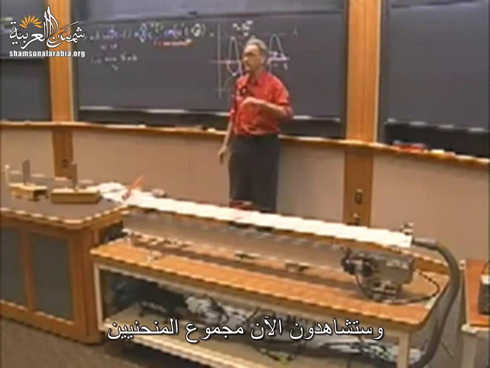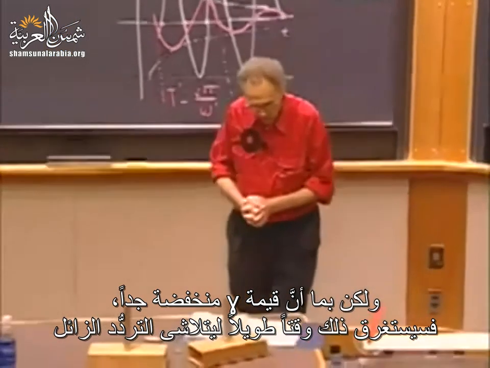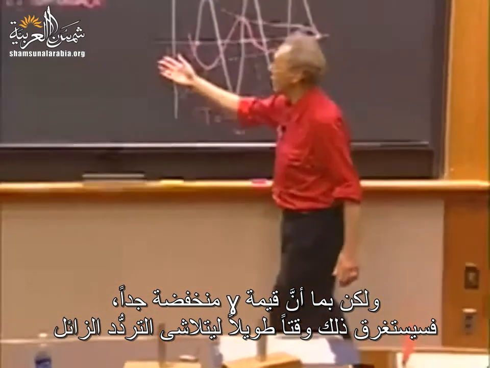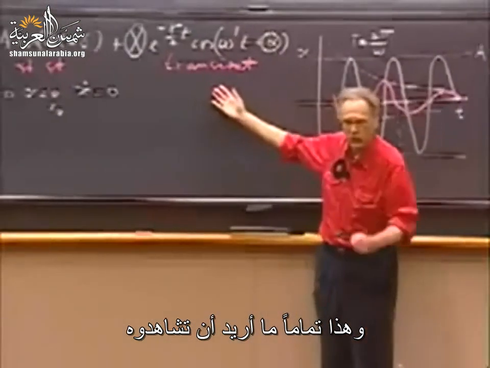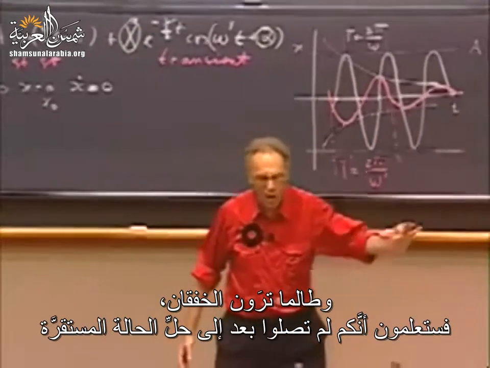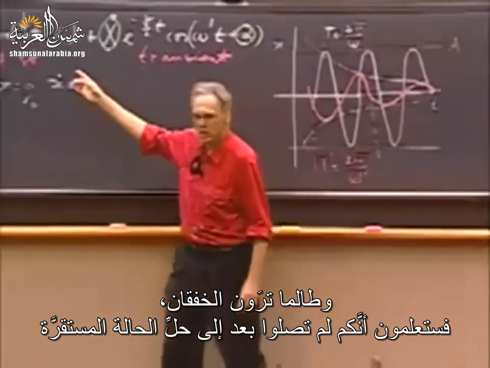And what you're going to see now is the sum of these two, but since gamma is so low, it will take a long time for this transient to die out. And that is exactly what I want you to see. In addition, you're going to see beats. And as long as it is beating, you know that you haven't reached the steady state solution yet.